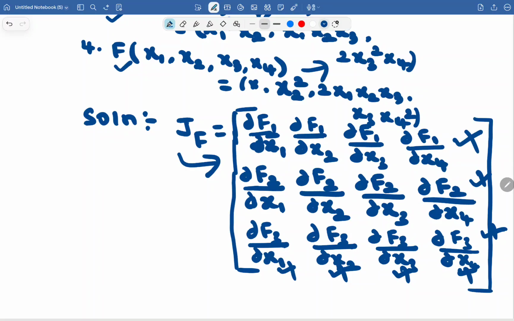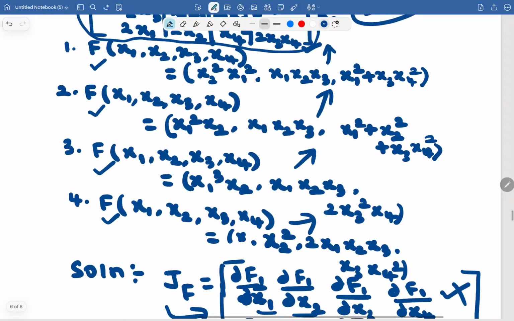First row, differentiation of f1 partially with respect to x1, x2, x3, x4. Second row, f2 differentiated partially with respect to x1, x2, x3, x4. Similarly for f3. Now I am going to check the options.